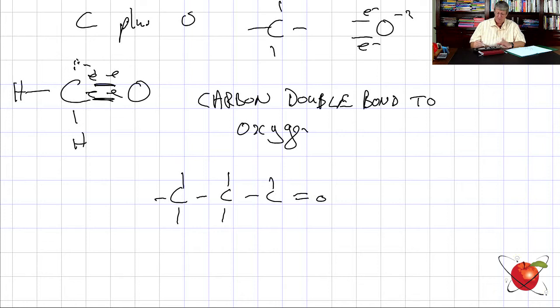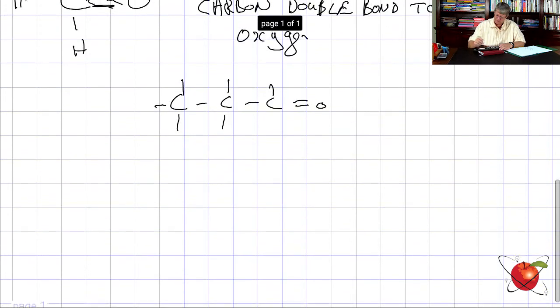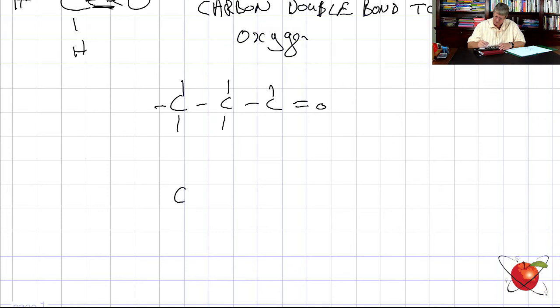But hold on, we've also got to consider the possibility of this as well. We can also have the same thing, but with the double bond oxygen there, like that, right?